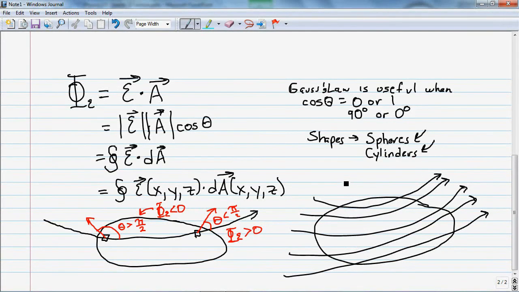Well, in this case, the change in flux between what's entering and exiting is going to be equal to 0. There is no net flux for the lines that are coming through the shell and exiting. So we need to keep this definition in mind for entering and exiting flux through a shape. Then that's equal to 0. And now we can start to build on Gauss's law and actually be able to make some use of this idea of flux.